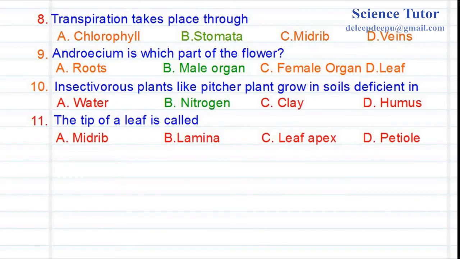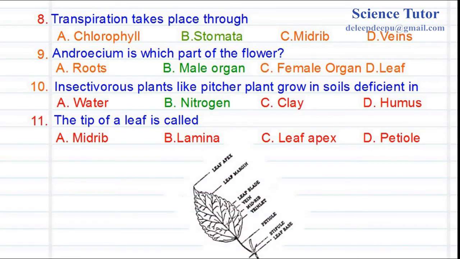Our next question: the tip of a leaf is called midrib, lamina, leaf apex, or petiole. You can see this figure. Just look at this figure. The tip of the leaf is called leaf apex. C is the option.